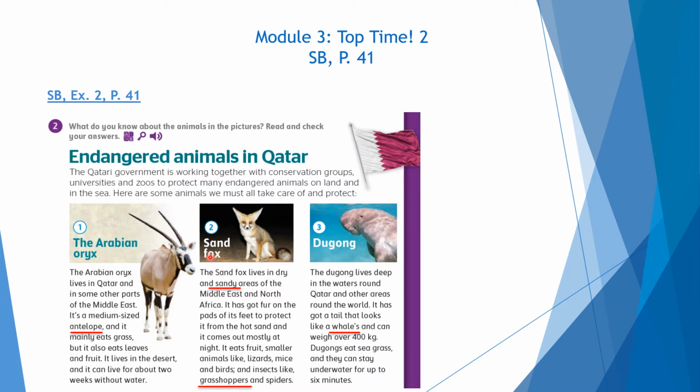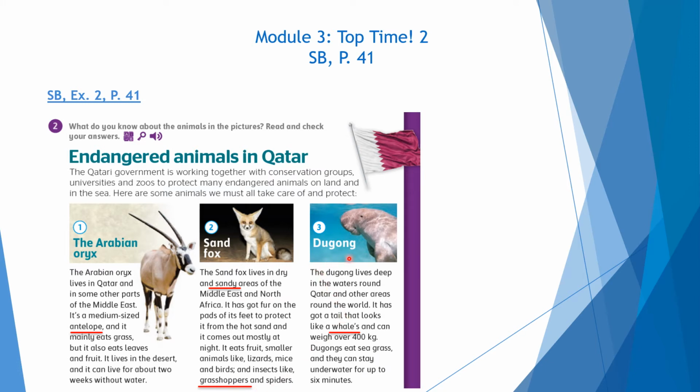Sand fox. The sand fox lives in dry and sandy areas of the Middle East and North Africa. It has got fur on the pads of its feet to protect it from the hot sand, and it comes out mostly at night. It eats fruit, smaller animals like lizards, mice and birds, and insects like grasshoppers and spiders.